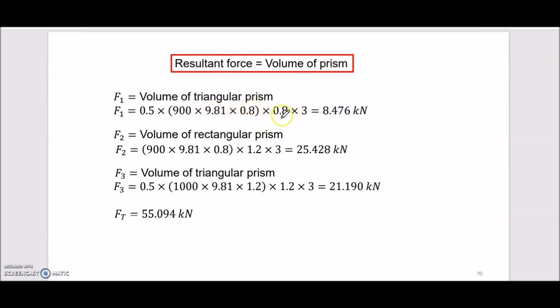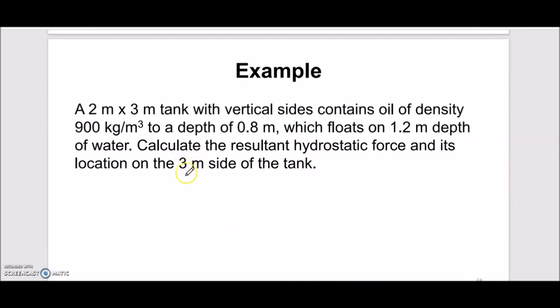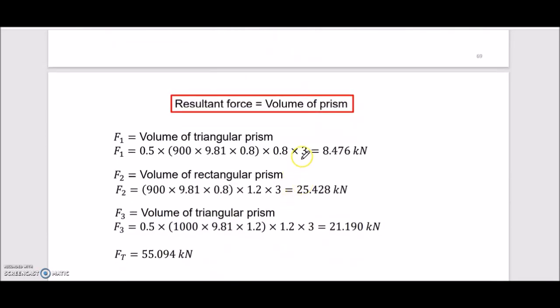Then times the height 0.8, and also the depth times the width. The width is 3 meter, given as the side of the tank. So you get 8.476 kilonewton.